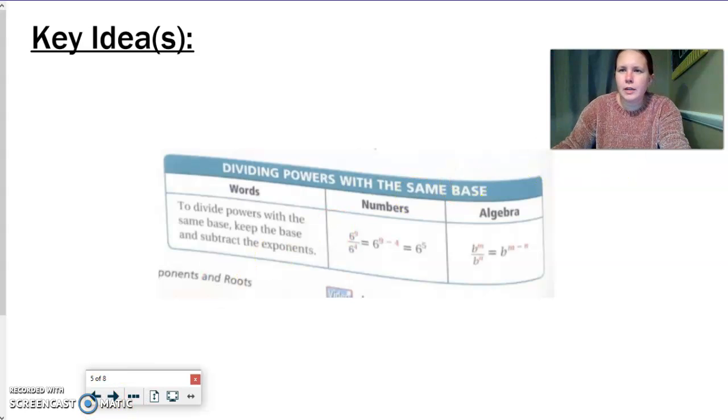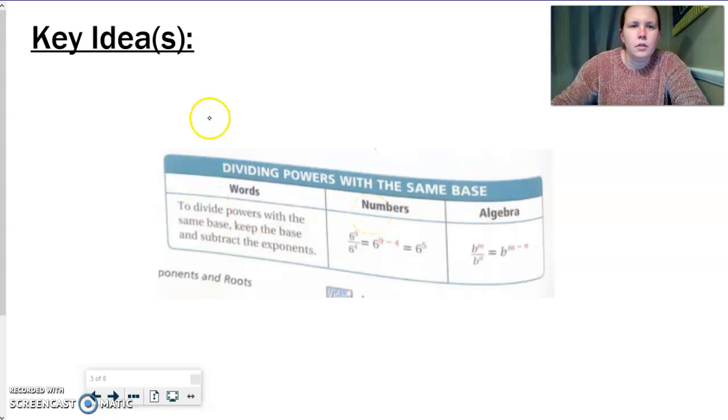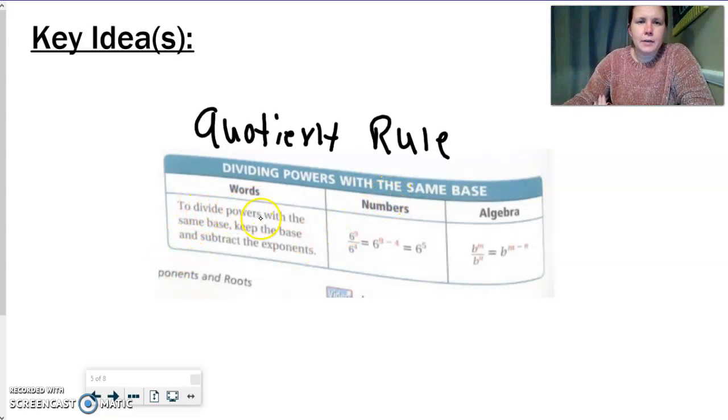Okay, so the next part then is we're talking about the quotient rule. So what happens when I'm taking a base with a power, and I'm dividing by a base and a power? So this one says to divide powers with the same base, keep the base, and subtract the exponent.